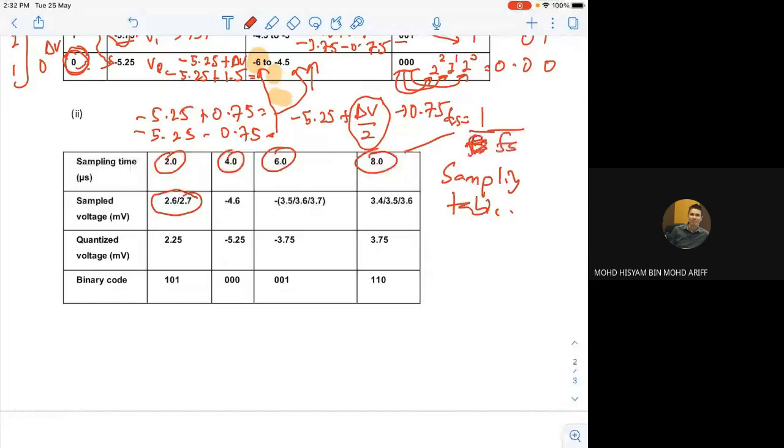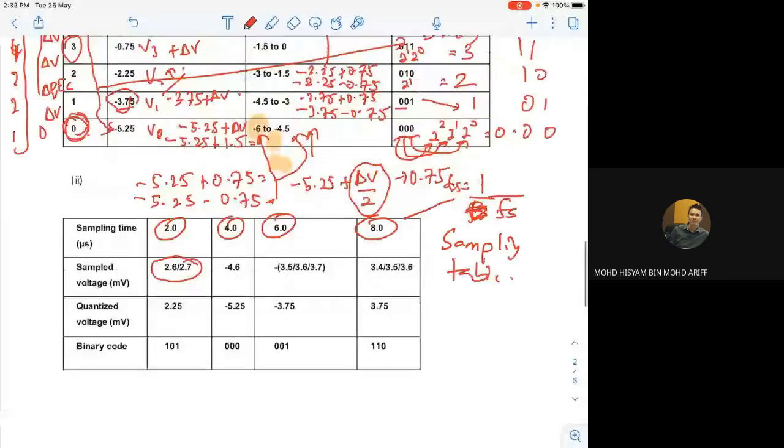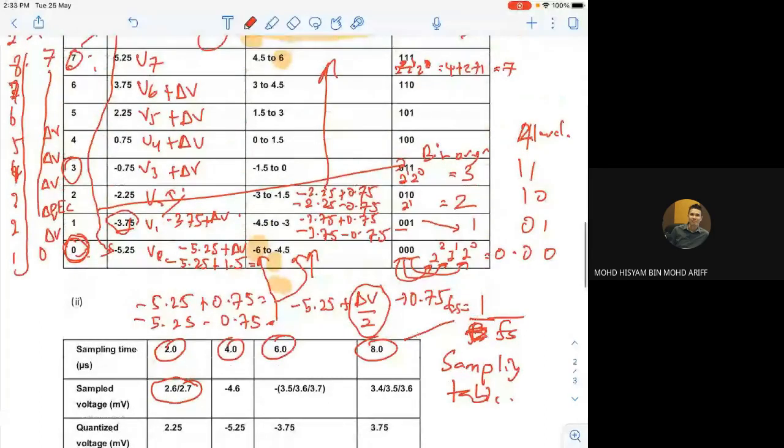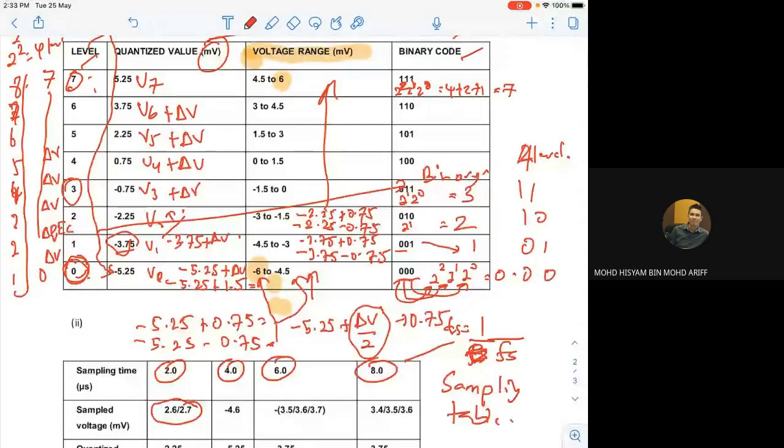This is the sampling table. You see 2.6 and 2.7. You want to assign the voltage. What is the quantized voltage? See from the voltage range. Where is the location of 2.6 and 2.7 millivolt? Show me which level. Is it level 6?